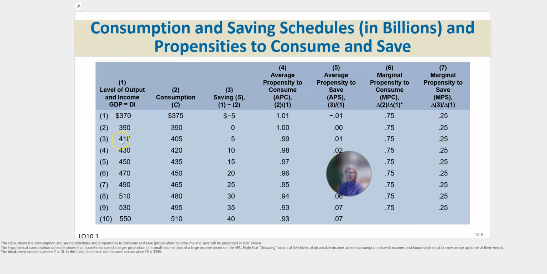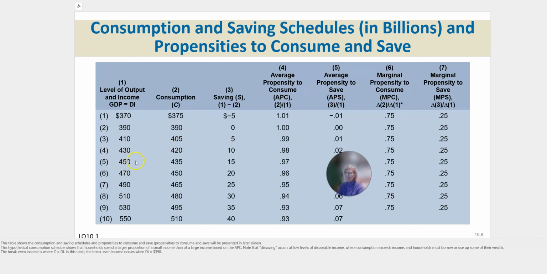We went from 390 to 410. Again, we spent 15 of it, okay? We saved 5 each time. Each time we get an extra $20 billion, we spend 15 billion of it, we save 5.